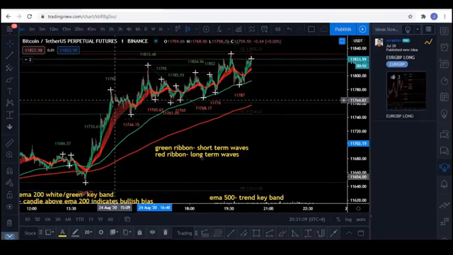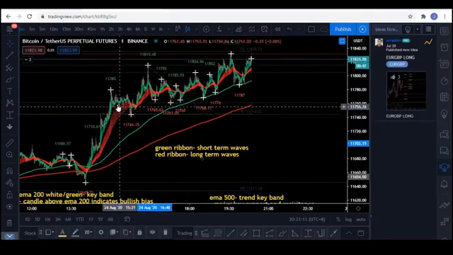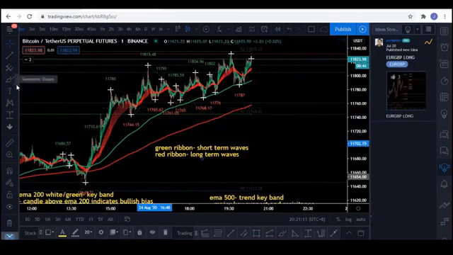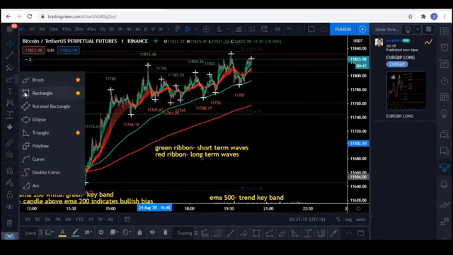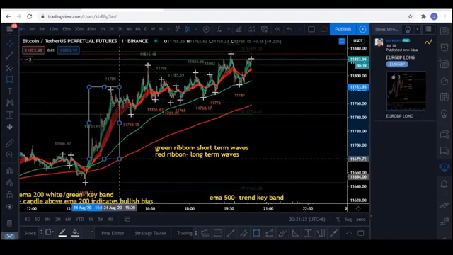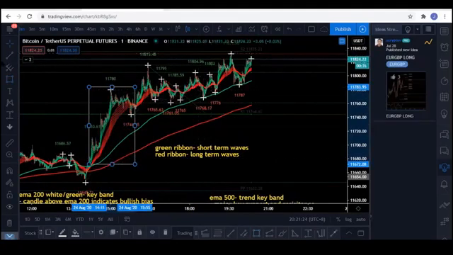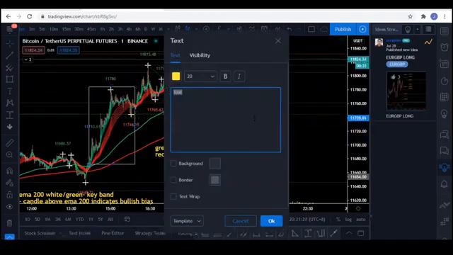Green ribbon over our red ribbon, in this area, indicates a bullish bias in our price action, or our price will go up.